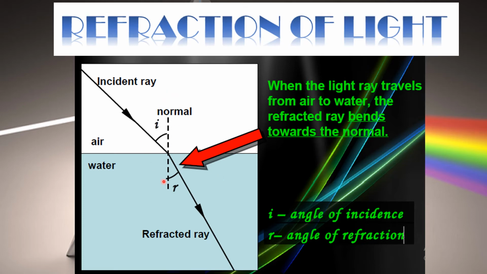What is normal? Normal is a line that is at right angles to a given surface. So the angle which this incident ray is making with the normal is called the angle of incidence, and the angle which this refracted ray is making with the normal is called the angle of refraction.